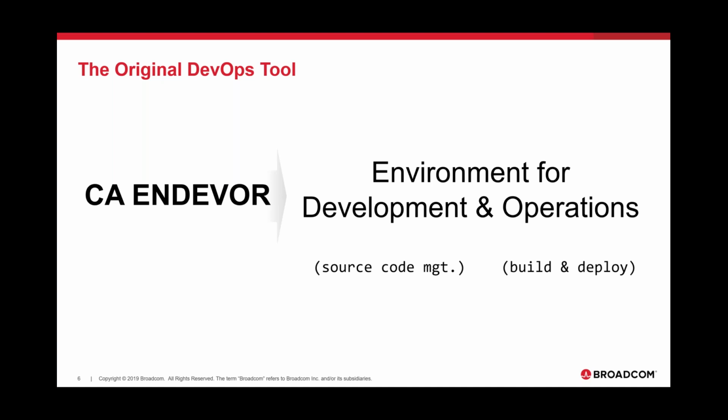So this is really one of the original DevOps products, right? Development and operations, DevOps. And it was recognized very early by CA and by our customers that integration of development, changing source code, along with automation of build and deploy was of high value and could help streamline things in the development process. And that's why Endeavor became so popular.